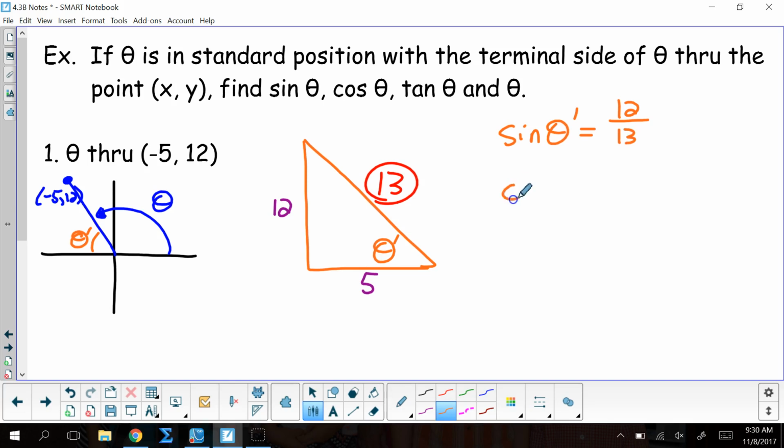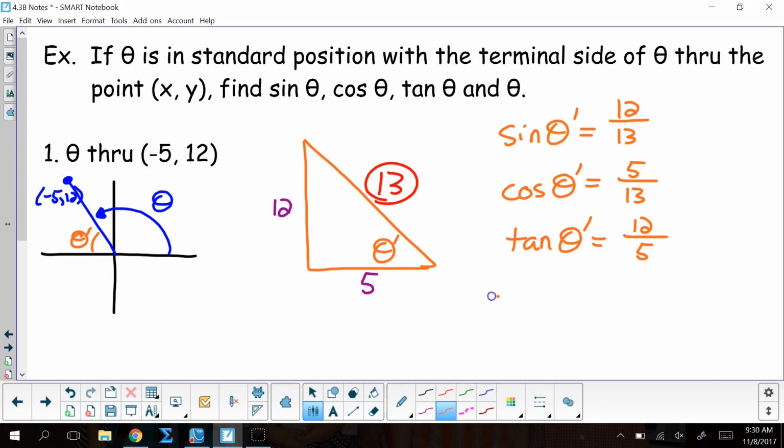Cosine of my reference angle is going to be adjacent over hypotenuse. Agree? Tangent of my reference angle is going to be opposite over adjacent. Agree? Yes? Okay. Now I can use any one of those three to find what my reference angle is, correct?